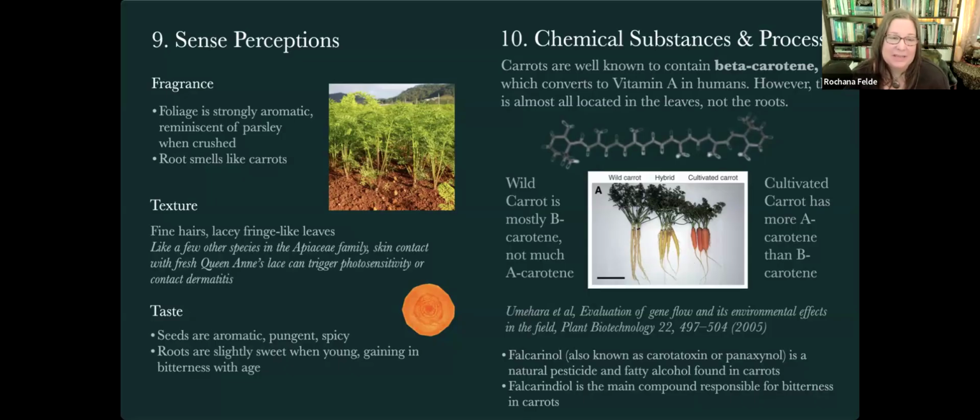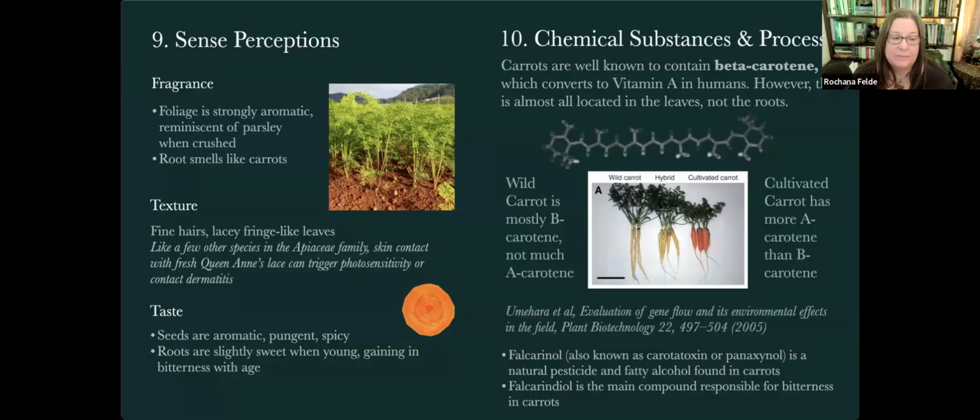And if you are going to come across these in the wild and you want to touch all the lacy leaves, just remember that it is in that Apiaceae family. First of all, be sure you've identified it properly. And secondly, even if it is a wild carrot, it can still, for some people, cause dermatitis or trigger photosensitivity because of the compounds on its leaves.